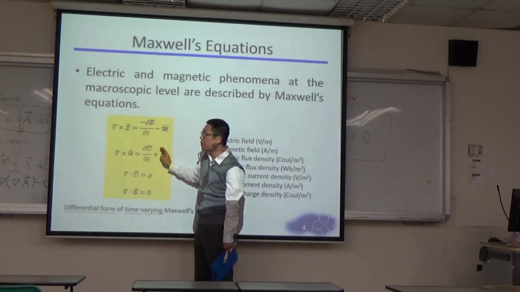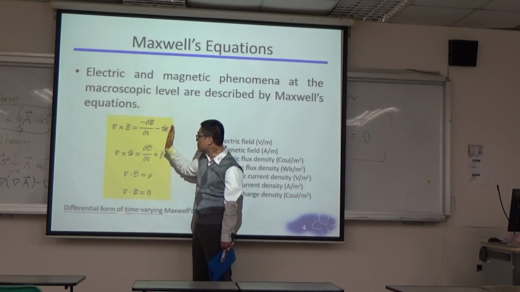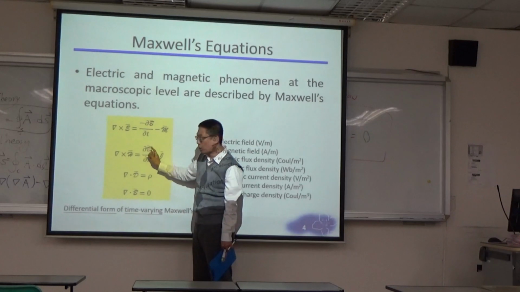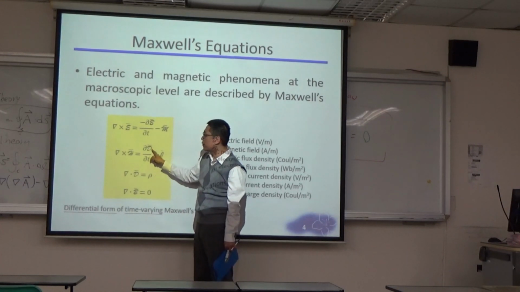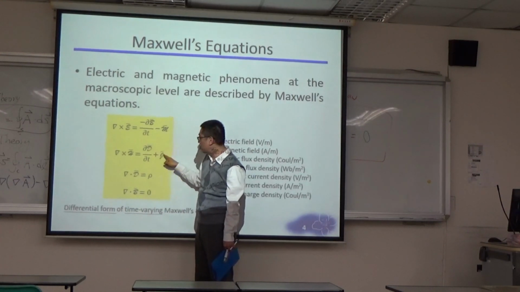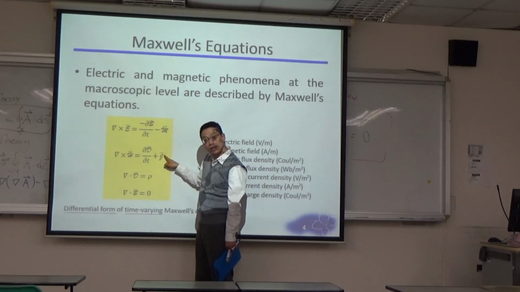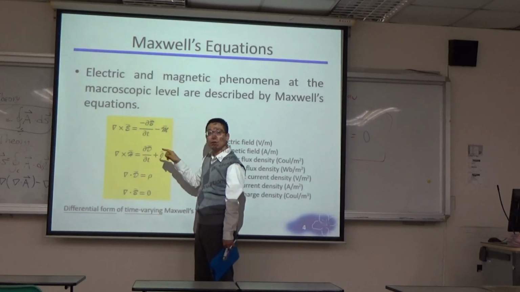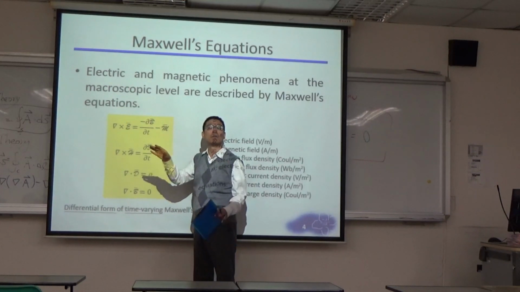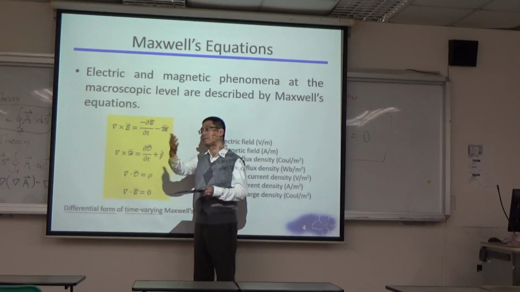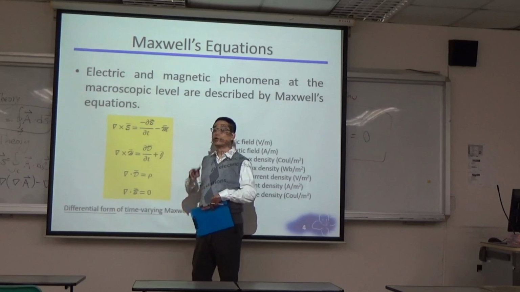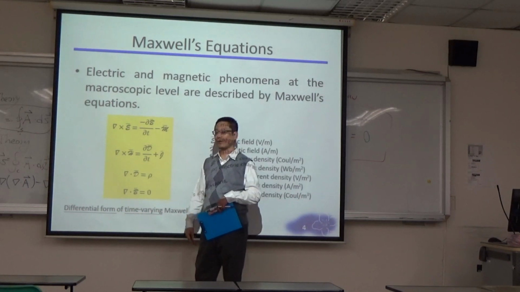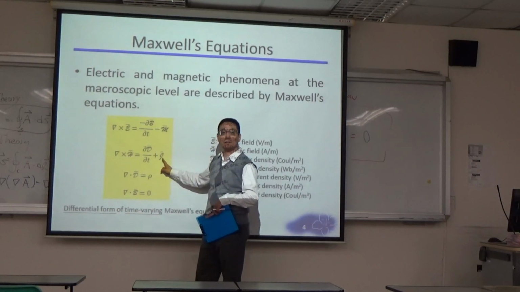But the second part will be easy. The second part is positive. You also take a partial differential with respect to time, plus J. J is related to current; it is the current density. If you take your current, if this is the unit current for 2D space, you will have a current density.